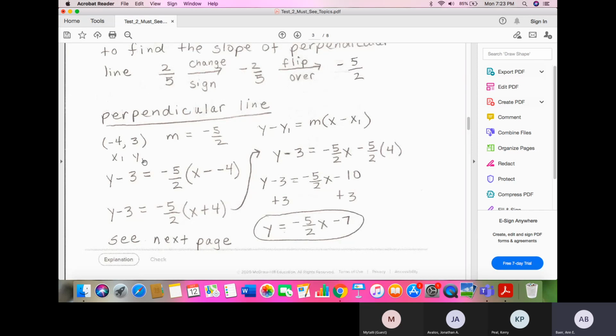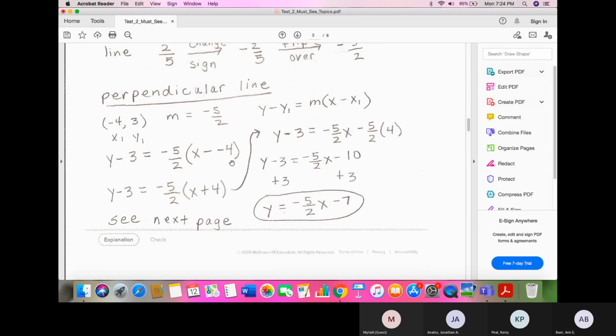X minus x1 is -4. So now we're just going to clean this up. And right here, I just copied this over, this entire side. Negative 5/2 I copied over. X copied over. Minus a minus is a plus 4.